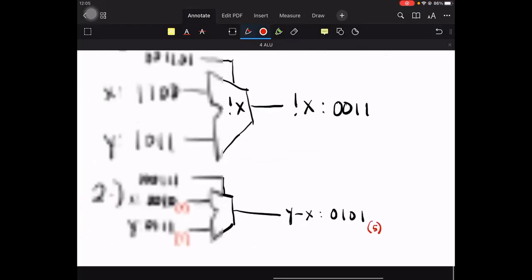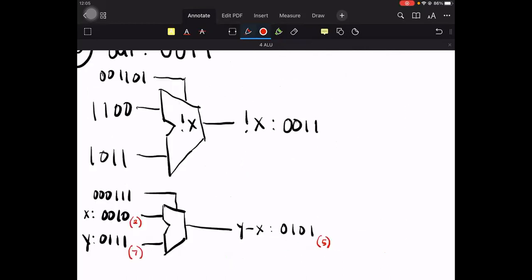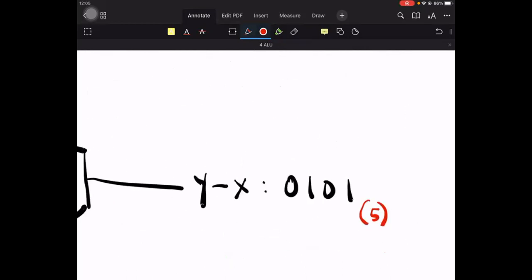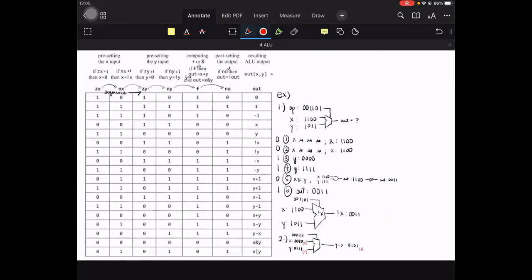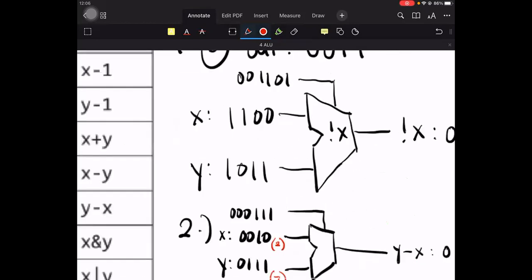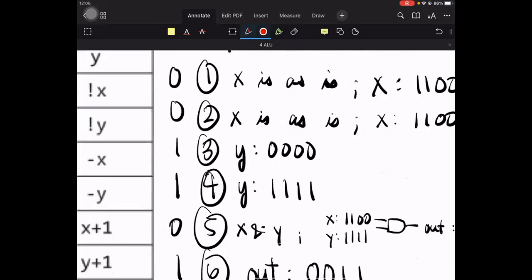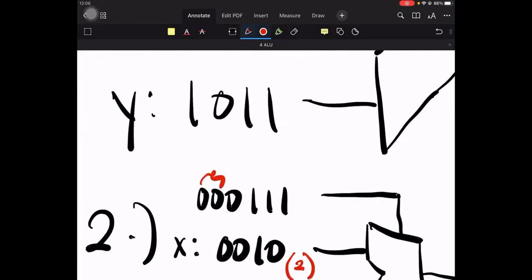Try it yourselves, step by step. I'm sure we'll end up with this answer, 0, 1, 0, 1. Okay. Just by looking at the given, X is as is, Y was not made 0 but was inverted.